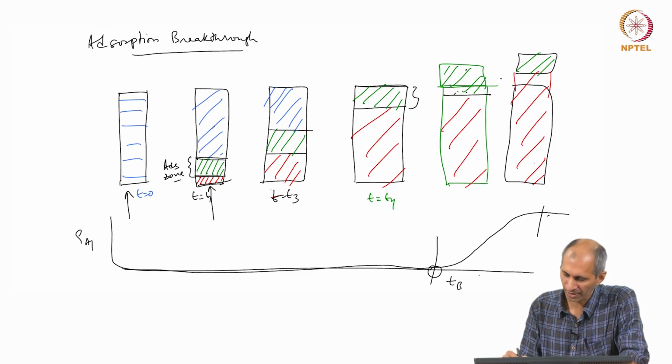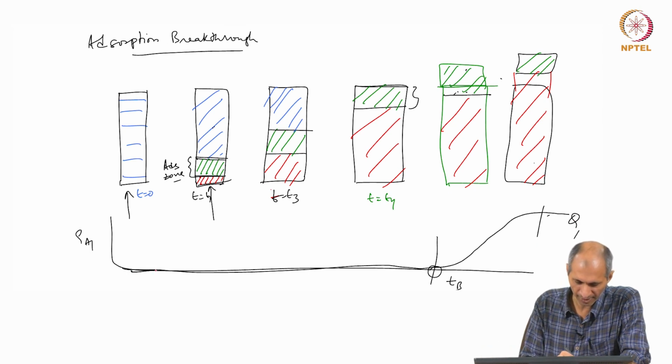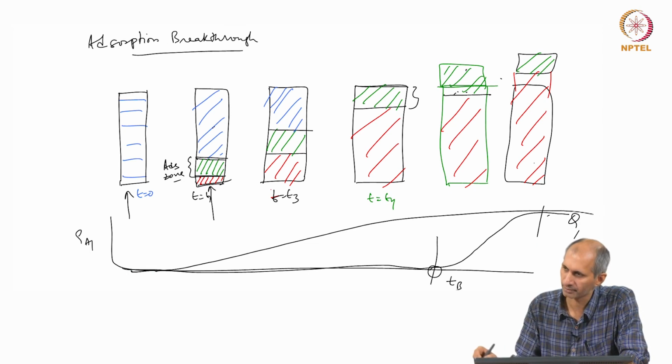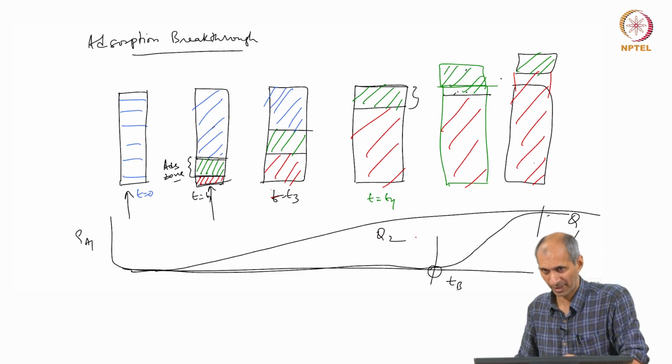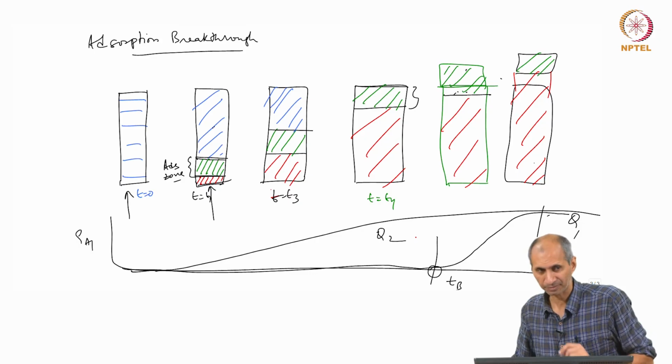So, what may happen is, if you increase the flow rate, this is Q1, let us say something happens like this. If the breakthrough curve looks like this at a different flow rate, what do you expect is the relationship between Q2 and Q1?